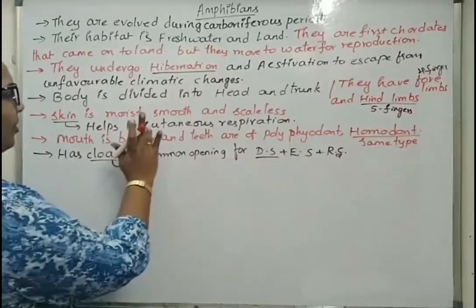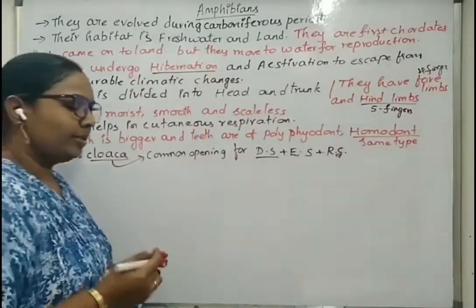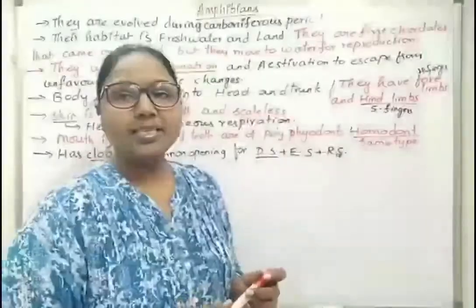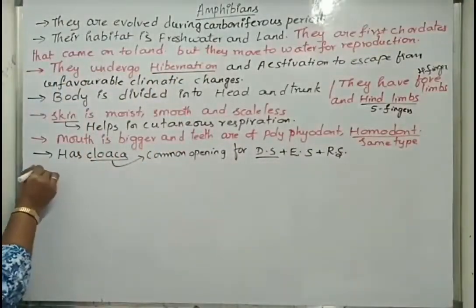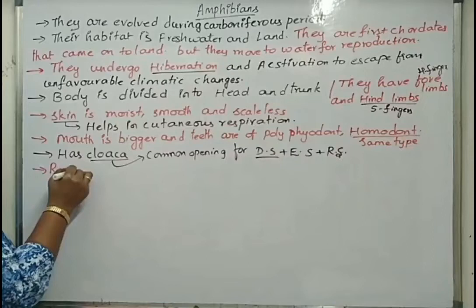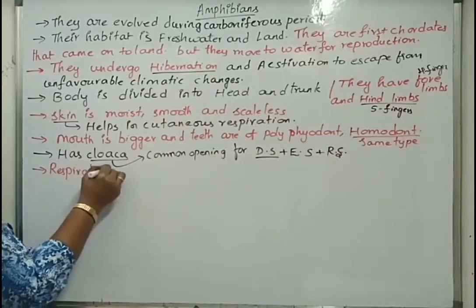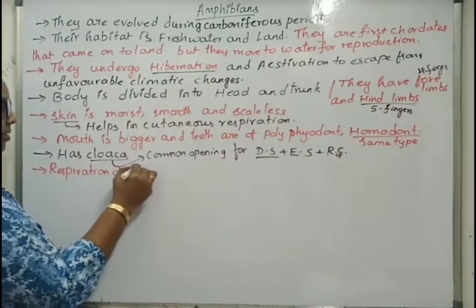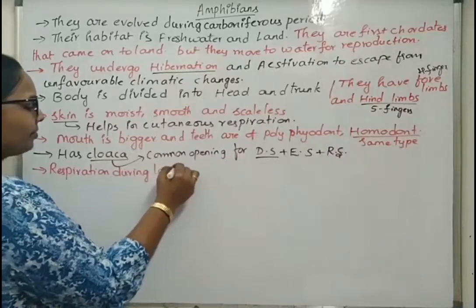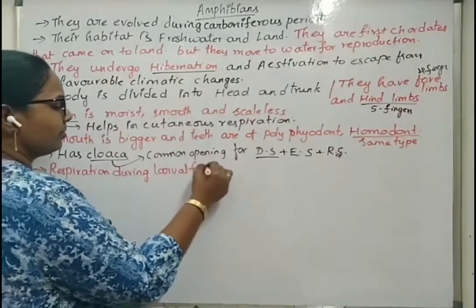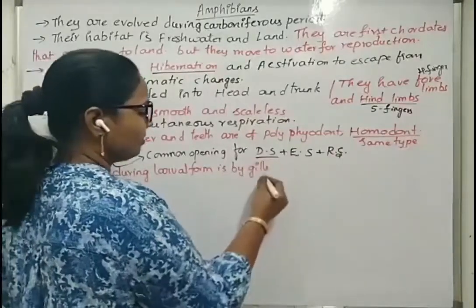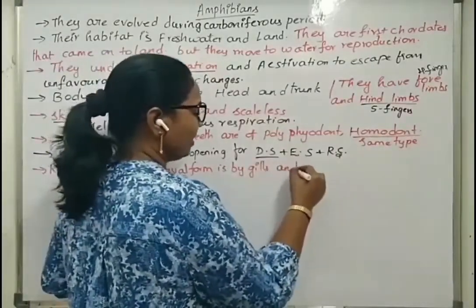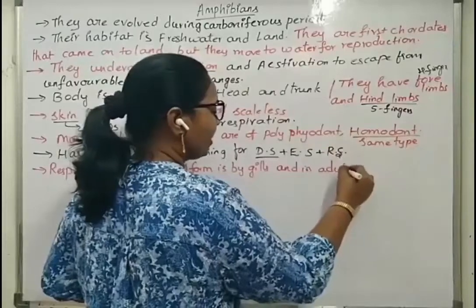Respiration is with the help of cutaneous respiration, and during larval stage it will have gills. In adult it will have lungs also. Respiration during larval form is by gills, and in adult there are some exceptions.